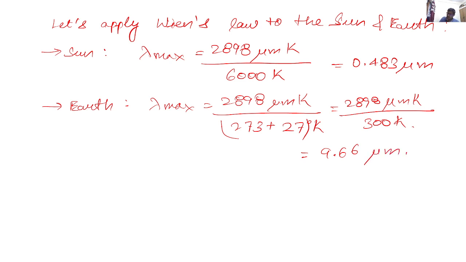One important thing to be noted is that the sun's maximum wavelength of emitted radiation is actually in the visible range, which is from 0.4 to 0.7 microns. Whereas the Earth's maximum wavelength radiation is in the infrared range.